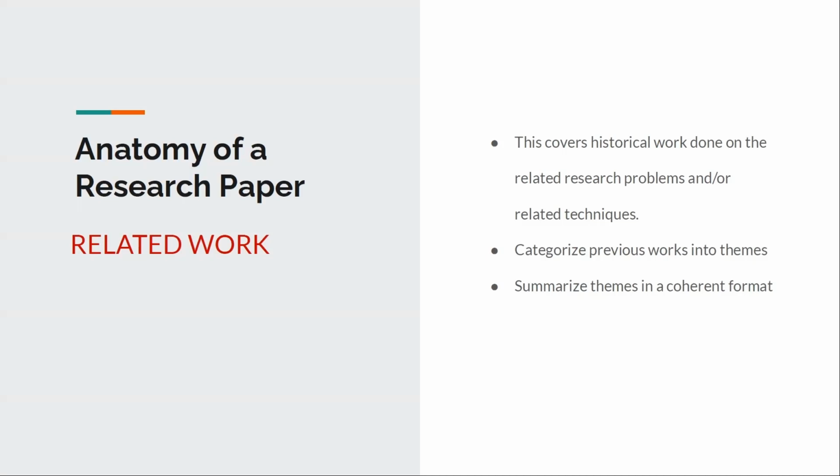For example, if you have 4 papers from 4 different people, say A, B, C, and D, and persons A and B are using a deep learning approach to solve this problem, while C and D are using classical ML techniques to solve this problem, then you'll put A and B in one group and C and D in the other. You want to group them based on approach rather than talking about them separately. It makes more sense that way.